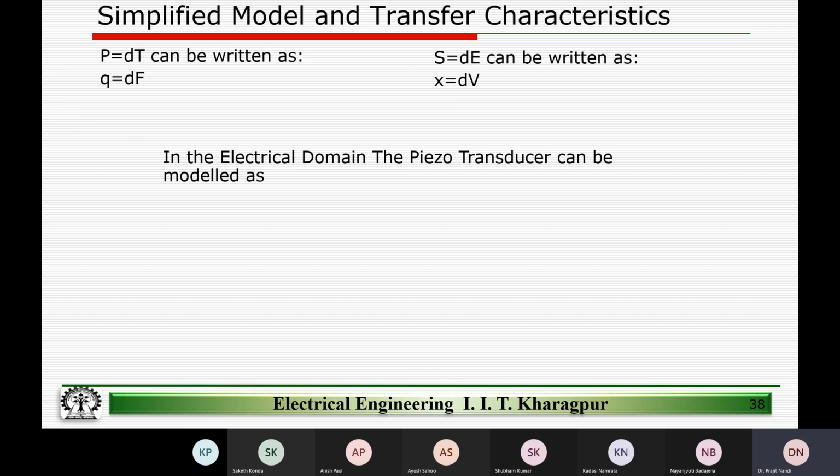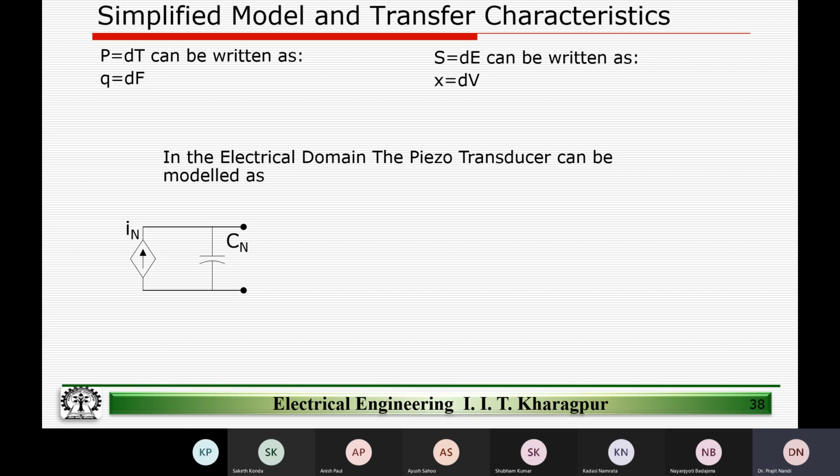So in the electrical domain, the piezoelectric transducer can be modeled, very simplistically, as follows. We have not brought in the mechanical behavior yet here. What we are saying is, the piezoelectric material or the transducer, what does it give when we apply a force? It gives charge, right? But the force that we apply in the real world is not static; it is a function of time.